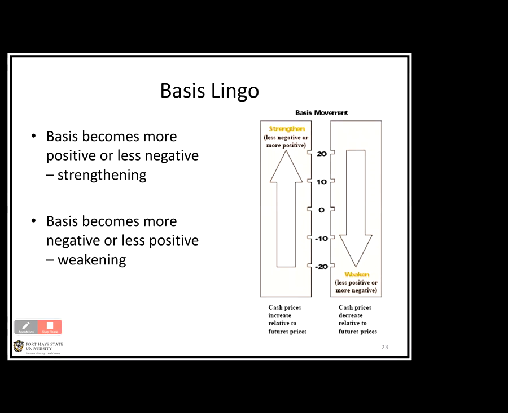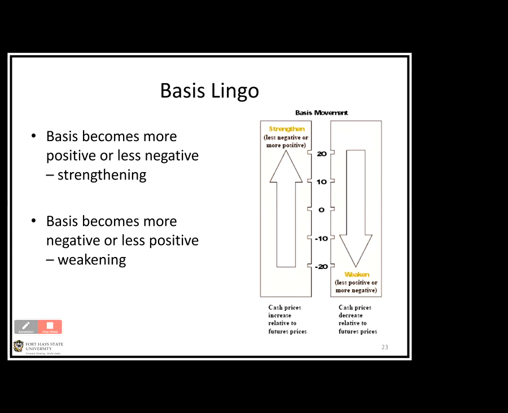If it's going from positive 5, here's 0, 10, 20, negative 10 and 20, we're at positive 5, we're right in here, and we go to positive 15, we're strengthening. It's becoming more positive, or less negative. If basis becomes less negative, we would say that's strengthening. So if basis went from negative 20 down here to negative 10, it's a movement up.